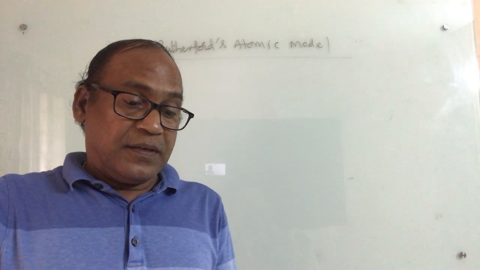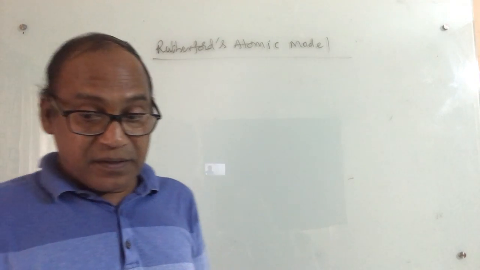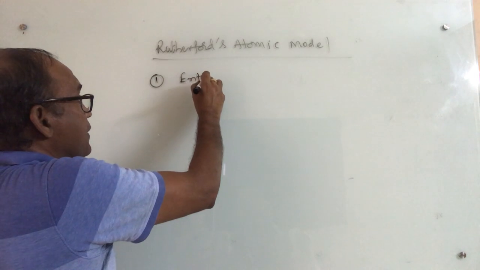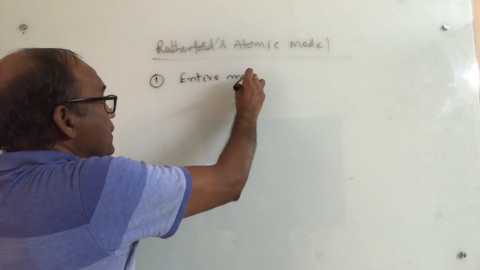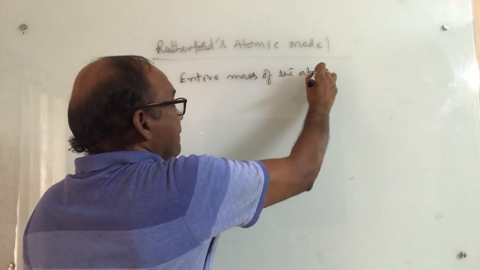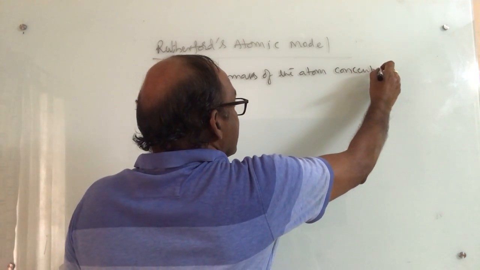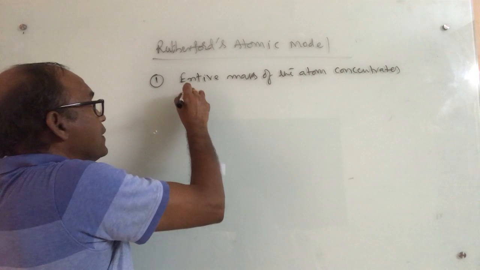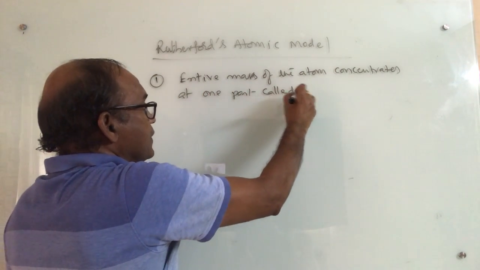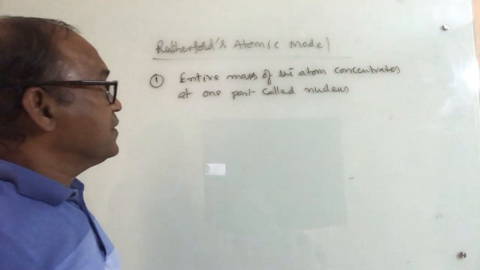One, the entire mass of the atom concentrates at one part called the nucleus. Naturally, this is the densest part.